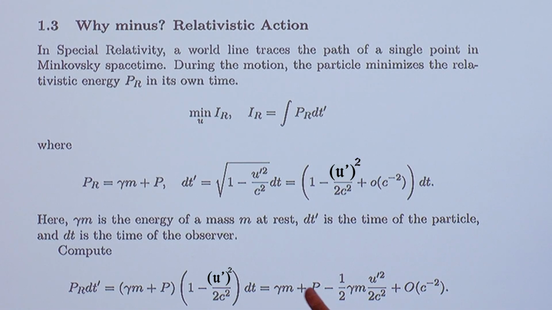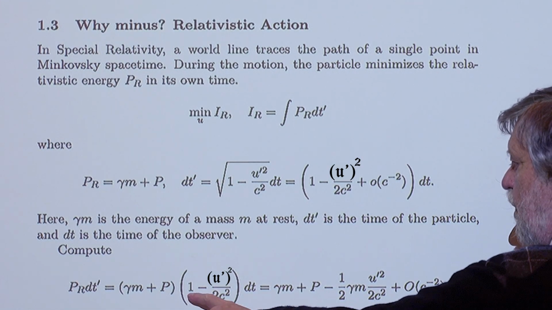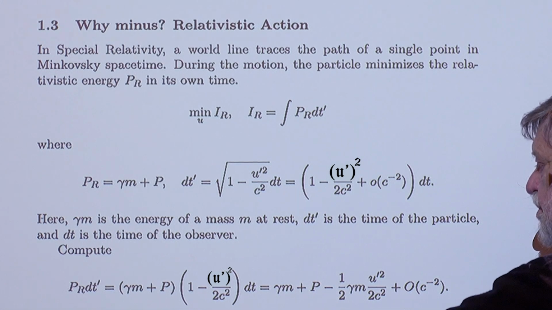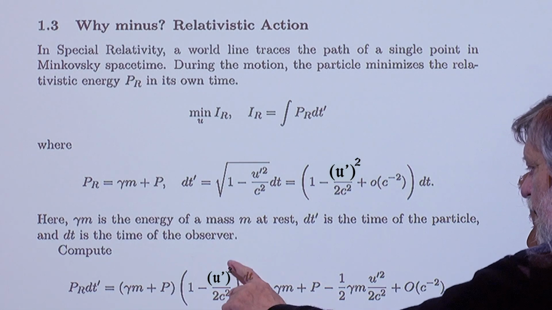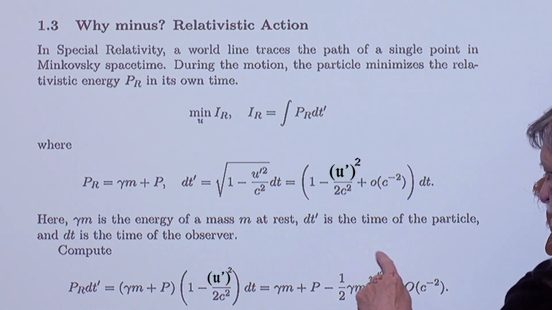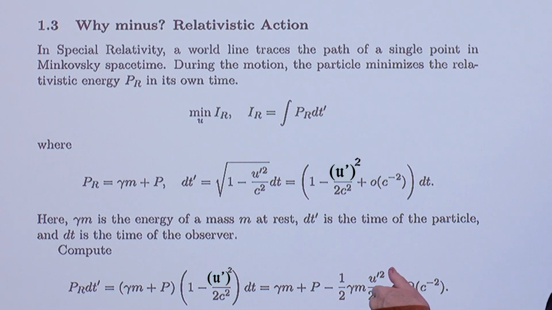Then we multiply point by point: multiply by 1, we have these two terms, then multiply the first term here by u prime squared over c squared, and get this term, and then something else which is smaller.